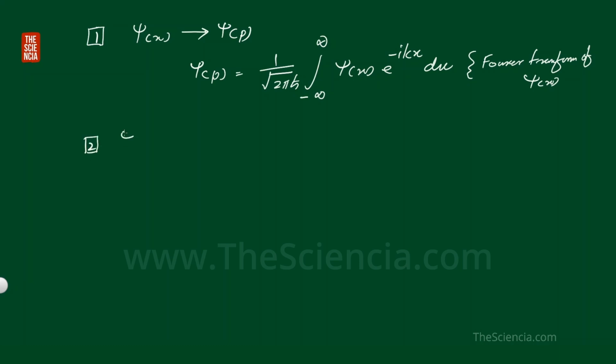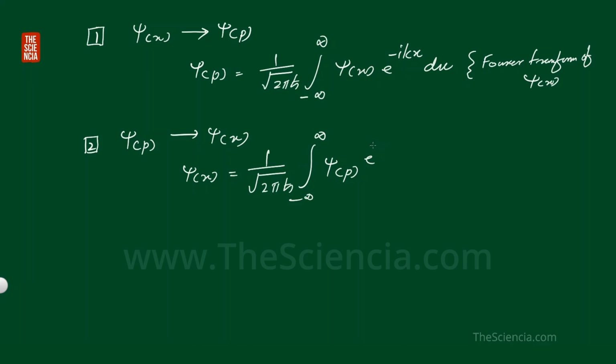Okay, second one, if in a question they give the wave function in terms of momentum, then how can we find it in terms of position coordinates, that is psi(x) is equal to 1 by root 2 pi h cross integral minus infinity to infinity psi(p) e raised to ikx dk. See, the sign is changed, right?